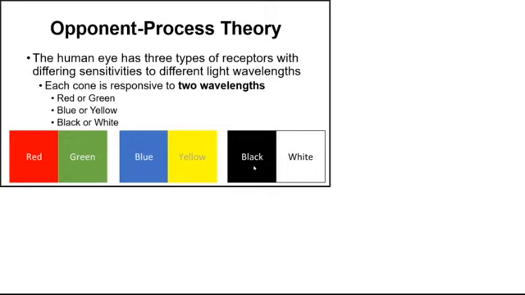The reason why this theory was proposed and why it stuck around for quite a while is because it, A, explains yellow, which was a problem, and B, it does a great job explaining something called after images. If you've taken high school or even grade school in Canada and you've done science or social studies, they'll show you this image and get you to stare at that black dot in the middle.